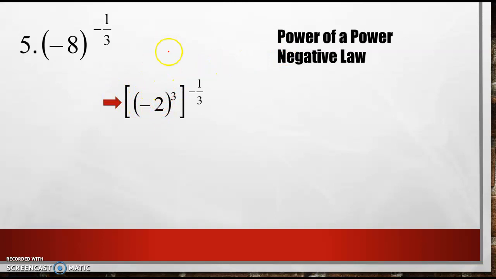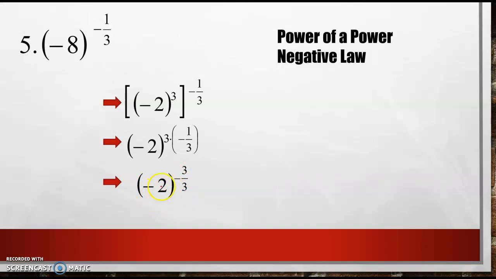Because negative 2 times negative 2 is 4, and then times negative 2, that's negative 8. And then you can use the power of a power rule here. So you multiply the exponents, 3 times negative 1/3, then you have 3 times 1, so 3, and then copy the sign, 3 over 3.